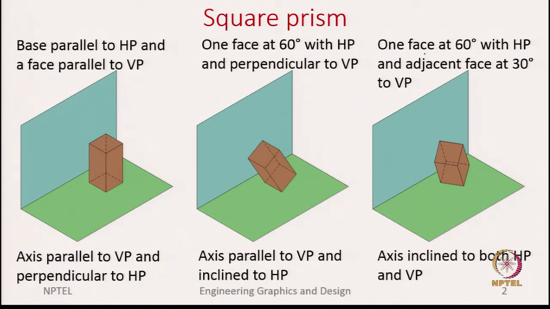So, instead of directly solving the problem in this complicated orientation, I break it down into 3 steps, the way we also broke it down for polygons. Step 1, let us make sure the axis or the base is properly oriented with both the planes, horizontal and vertical, either parallel or perpendicular.